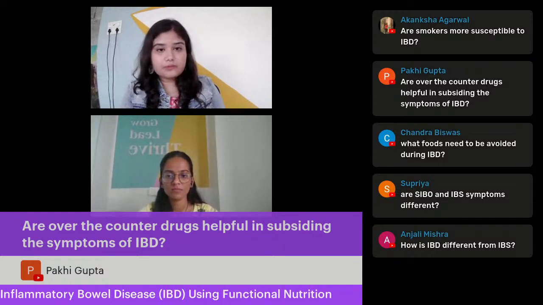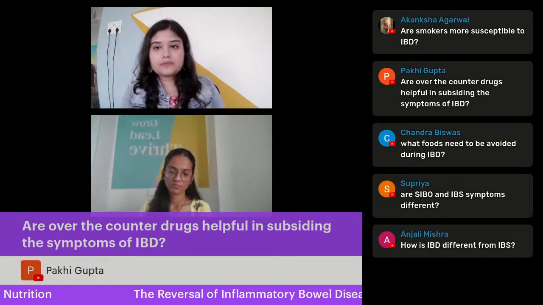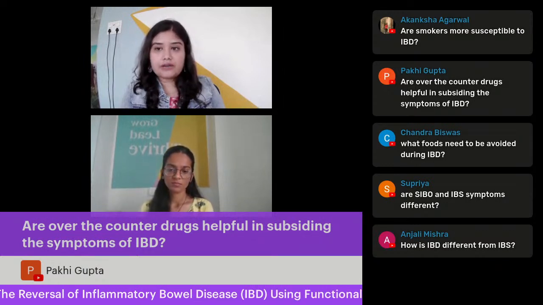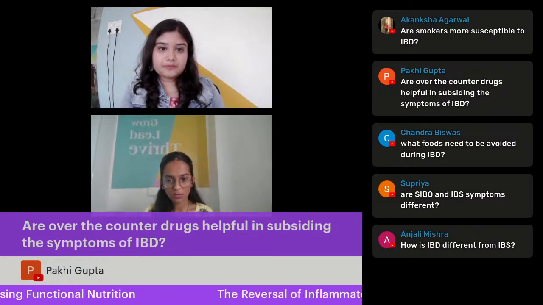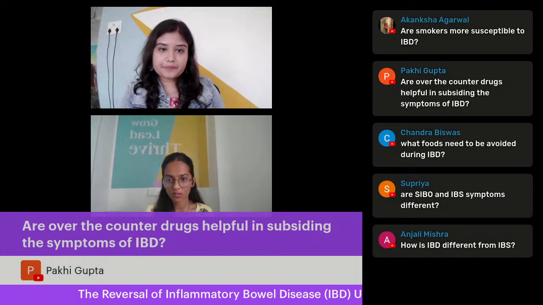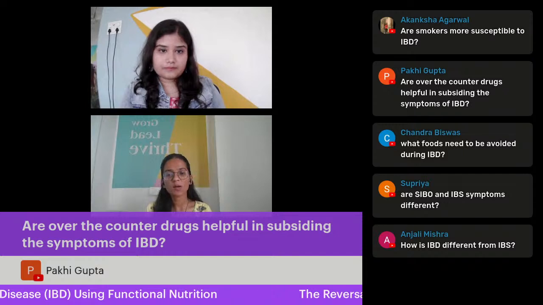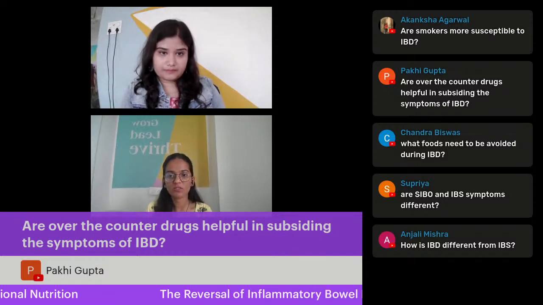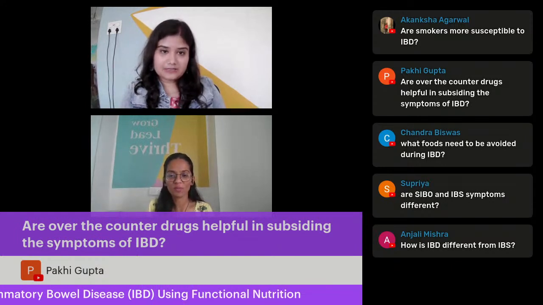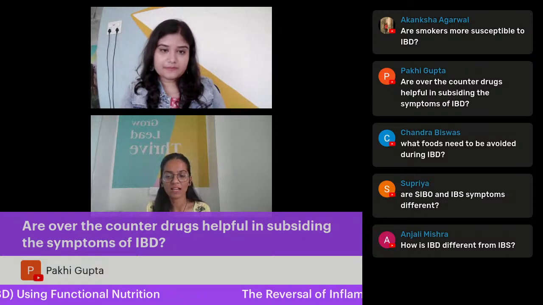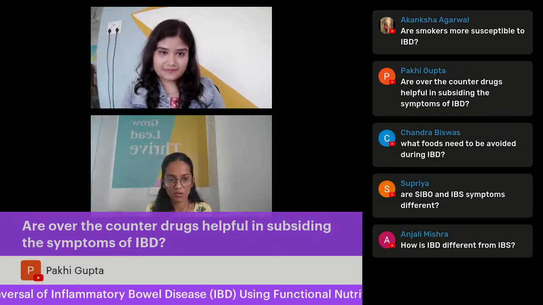Over-the-counter drugs are definitely a no because they will have some kind of additives or chemicals in them. And if you're taking it over the counter, you're also not consulting a doctor, so there is an absence of the right diagnosis, and if they end up giving you probiotics, it may not be that helpful. We need to understand what exactly you are taking, and in the first place whether there is IBD or not.